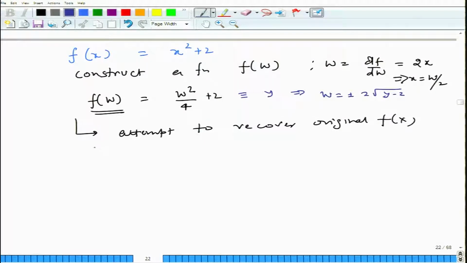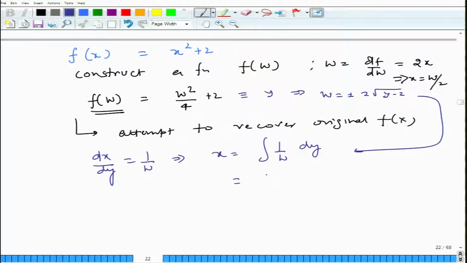Now this w itself can also be written as del x by del y, which is nothing but w, which can be written as x is the integral of w dy, and now w is back here.